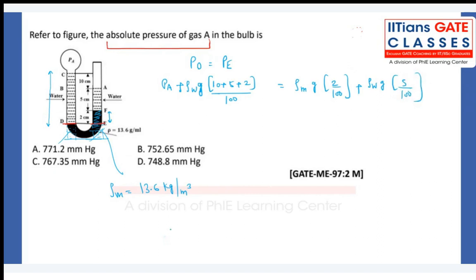Now they are asking me to calculate absolute pressure. Absolute pressure I want to measure. How we can measure? That is very simple, rho m. Directly I'm writing the rho m value.